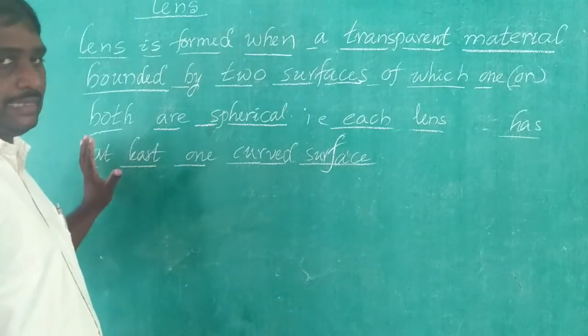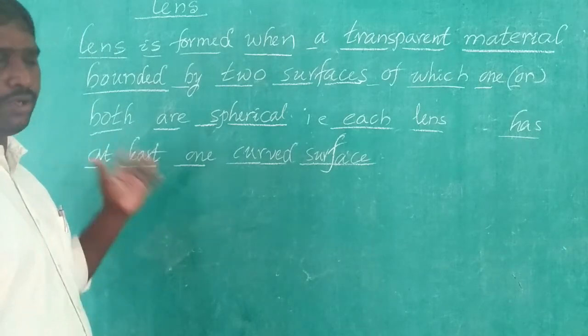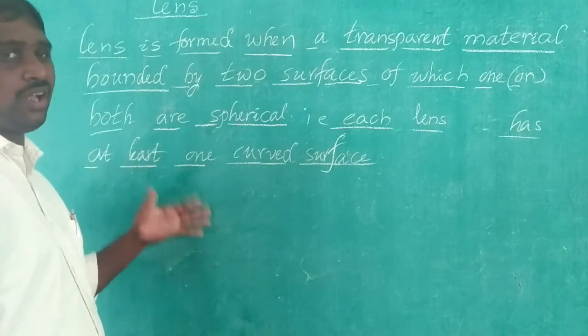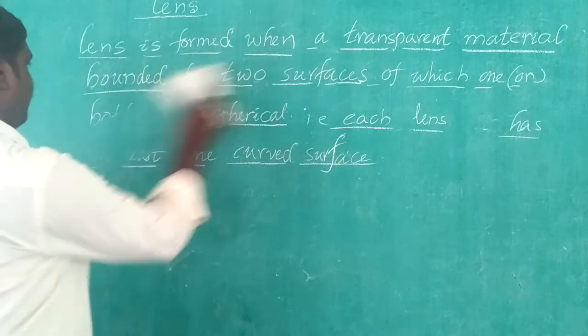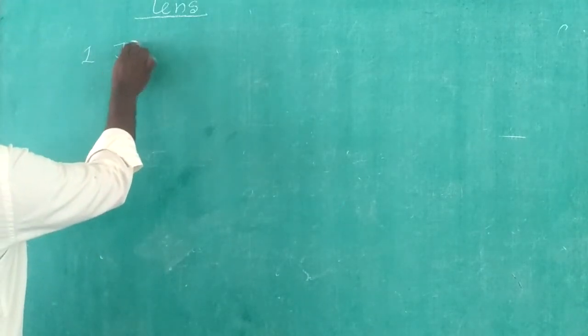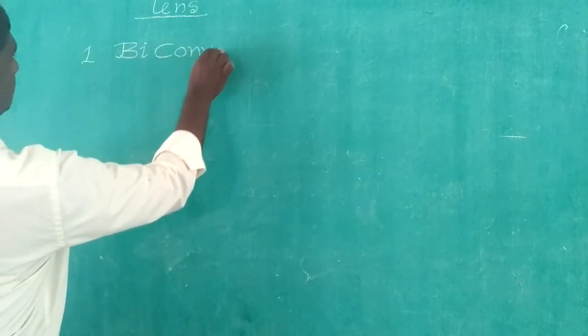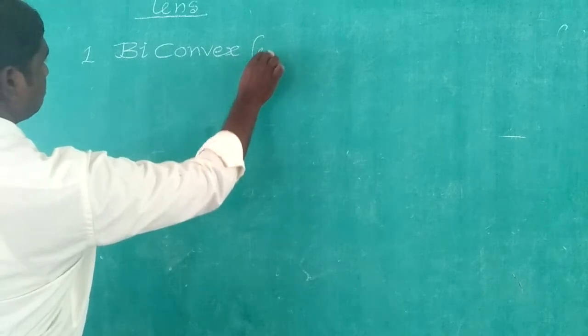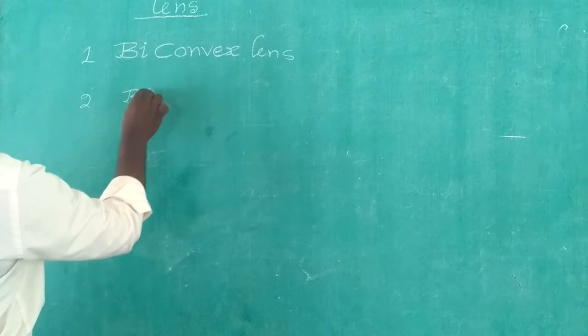Okay, these lenses have different types. There are many variations of lens available. Let us look at the different types of lenses. The first one is the biconvex lens. Next one is the biconcave lens.